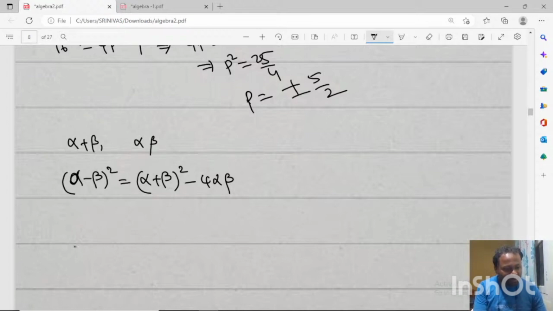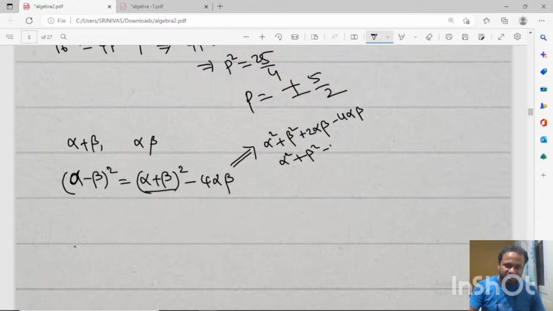Alpha minus beta whole square is equal to alpha plus beta whole square minus 4 alpha beta. Why? Because simplify this: alpha square plus beta square plus 2 alpha beta minus 4 alpha beta, so alpha square plus beta square minus 2 alpha beta. So its meaning is alpha minus beta whole square.